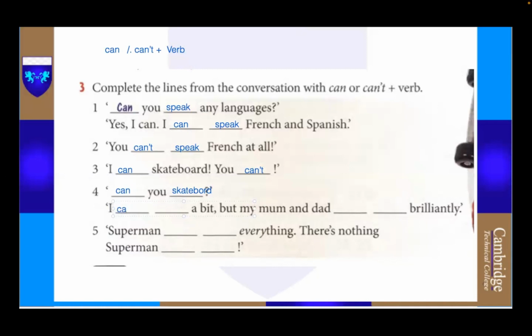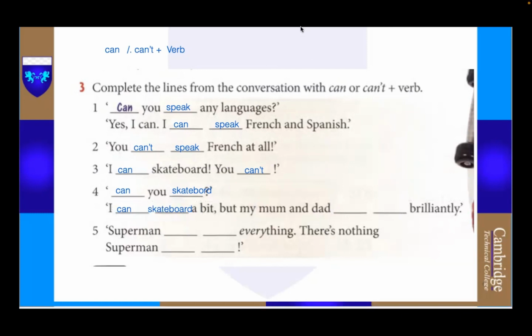I can is very easy. Can plus verb. The verb here is skateboard. So I can skateboard a bit. But my mom and dad, what's the answer? Cannot. No, that cannot.